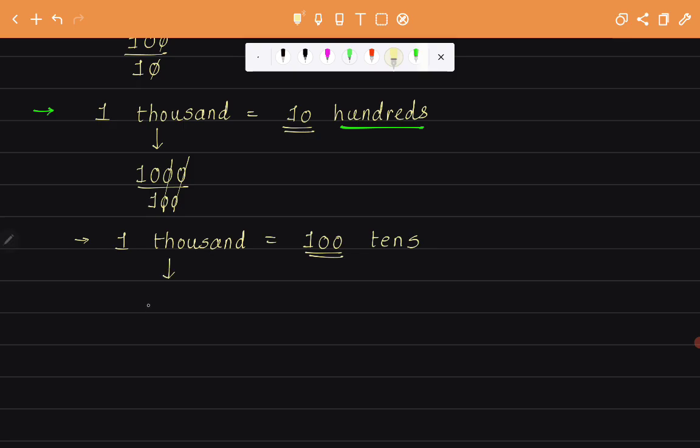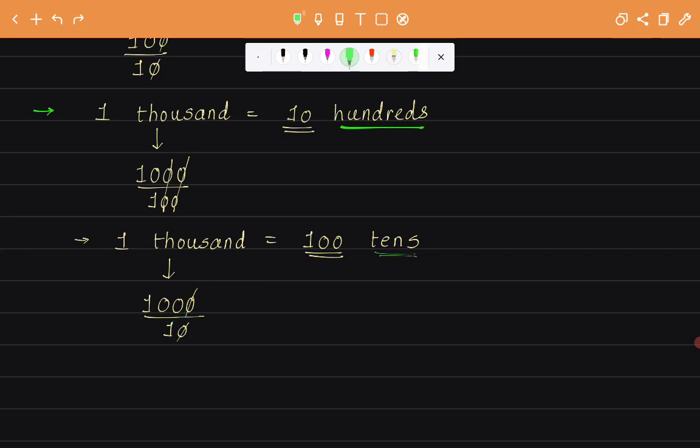As we do here, write down 1000 and we are concerned with tens, so we will write 10 here. The 0 cancels, and our answer is 100. So we can say that in 1000, 100 tens are involved.